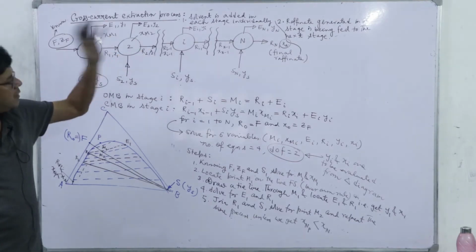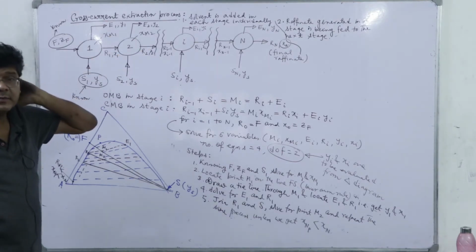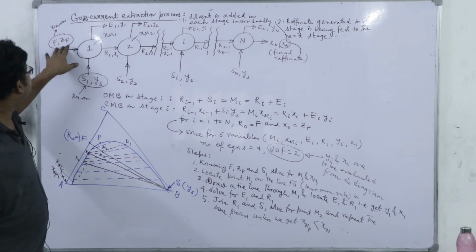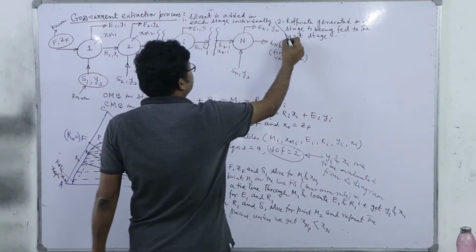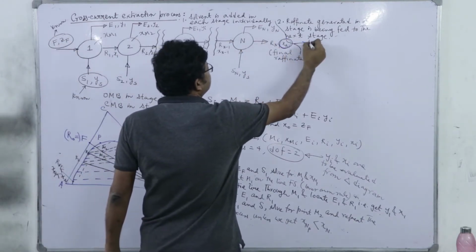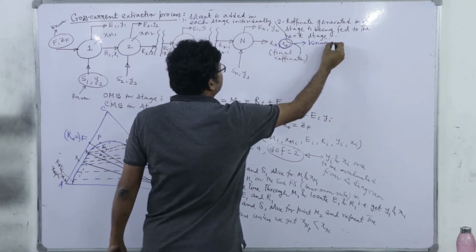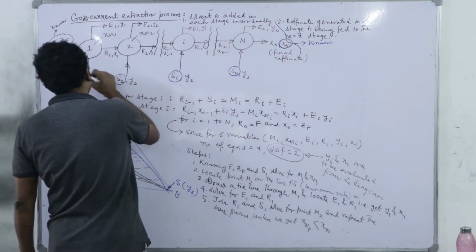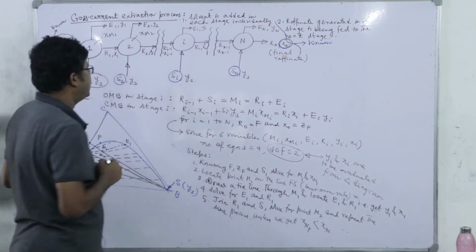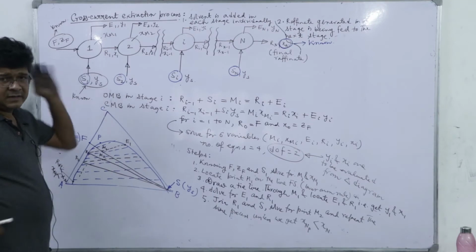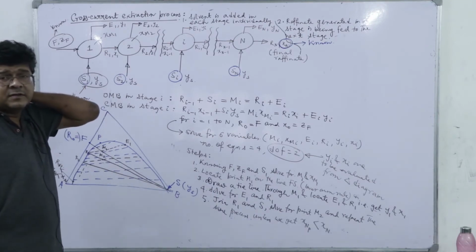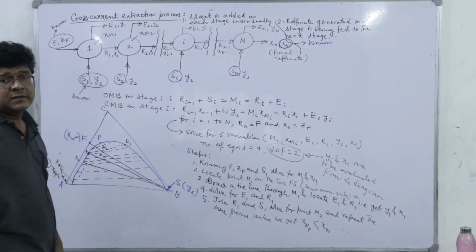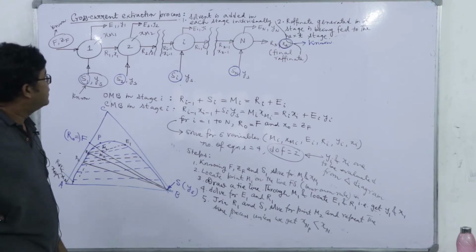So, let us say a cross current extraction problem is given to you, this you know and this also you know, this is known, right. Now, SN, S2, S1, how much solvent you are giving in individual units, that is mostly under optimal situation these individual flow rates are constants, right.